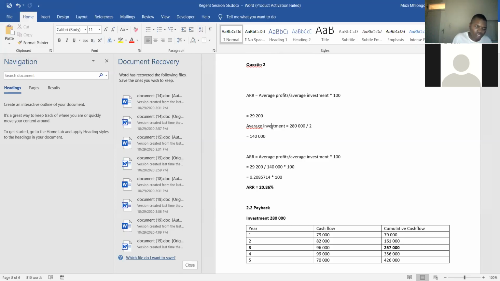Okay, can you turn to page 60 in your modular guide? Page 60. Okay, I am there.